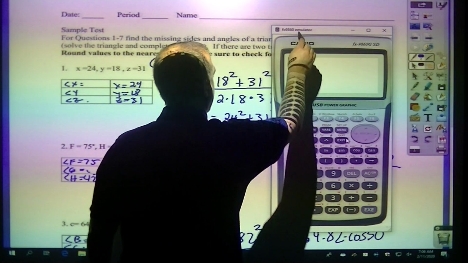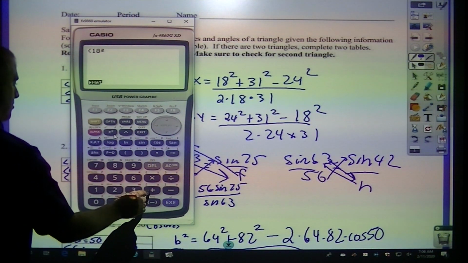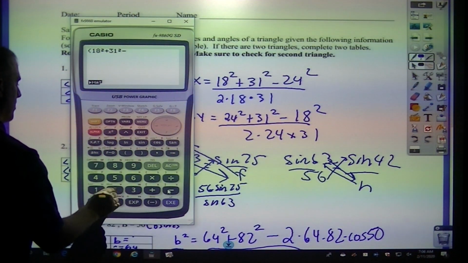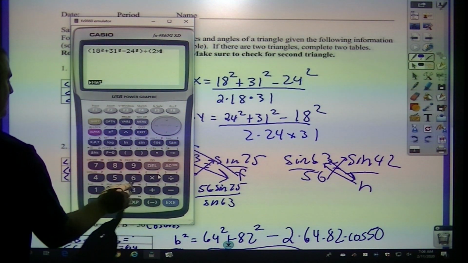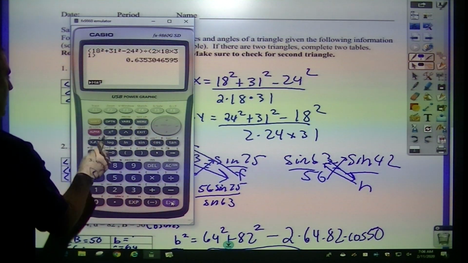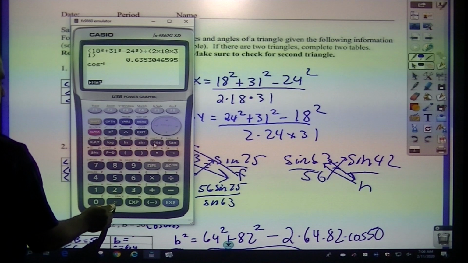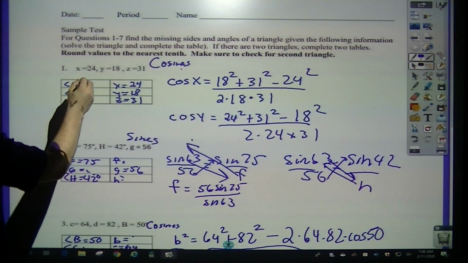I would type parentheses 18 squared plus 31 squared minus 24 squared, divided by 2 times 18 times 31, and then do inverse cosine of that. That gets me 50.5 degrees.